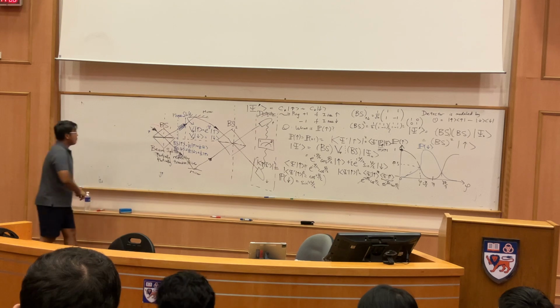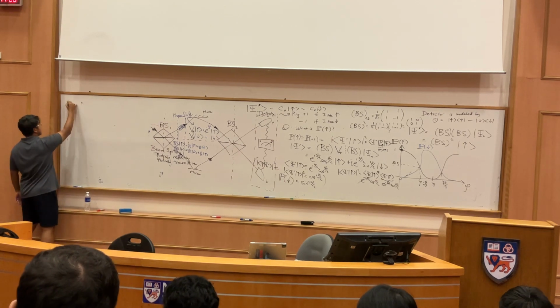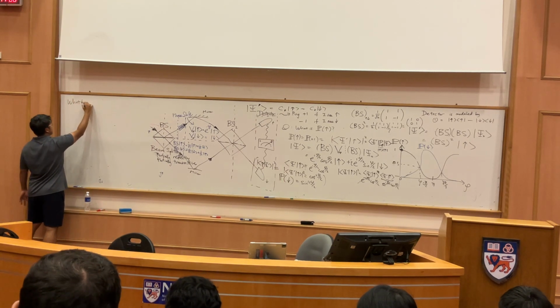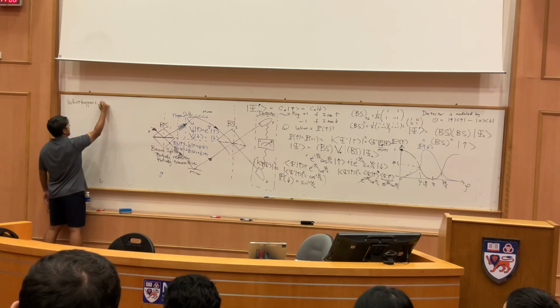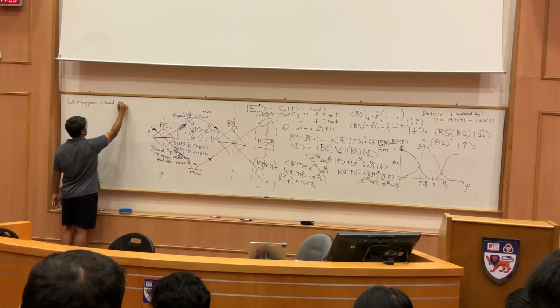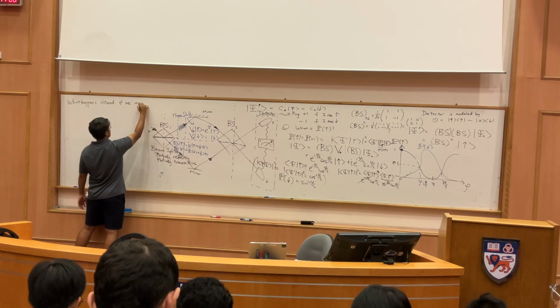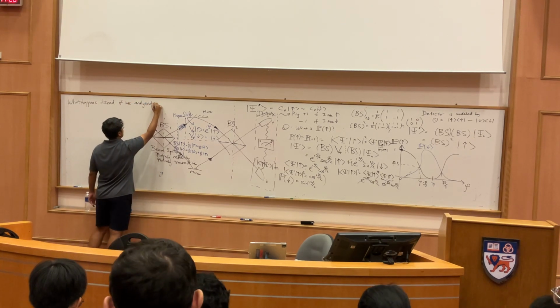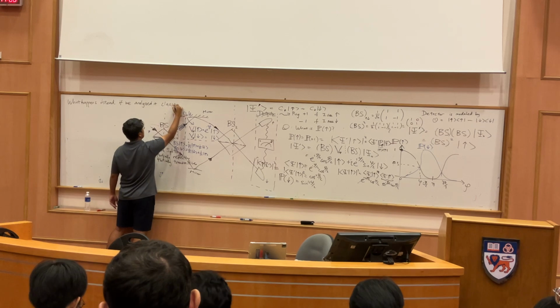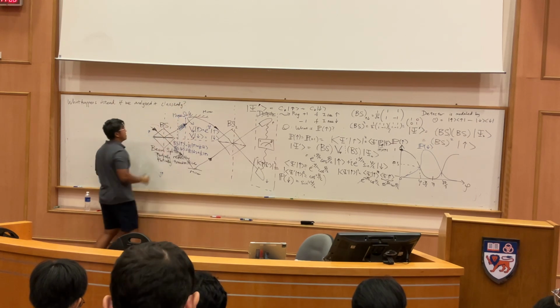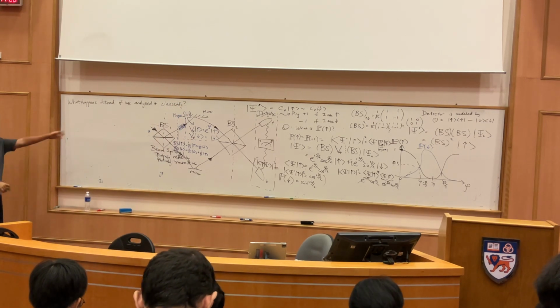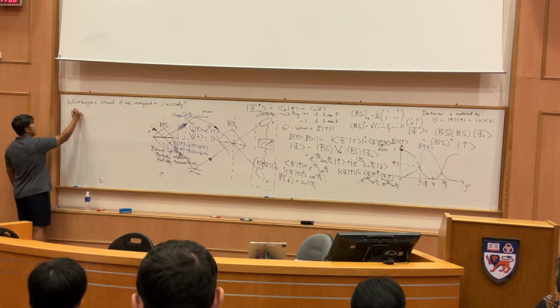Okay, so what happens if we had analyzed this classically? Let's model the beam splitter again as a chance.